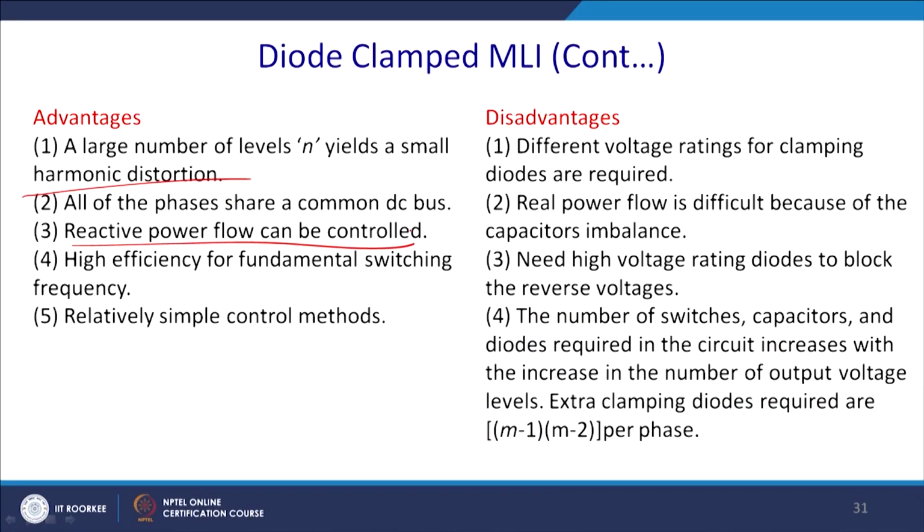All the phases share a common DC bus, thus you do not require multiple voltages and multiple sources. We will see later that reactive power flow can be controlled. In this configuration, we can have DQ control, a different kind of control technique.